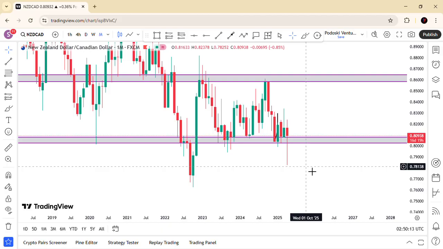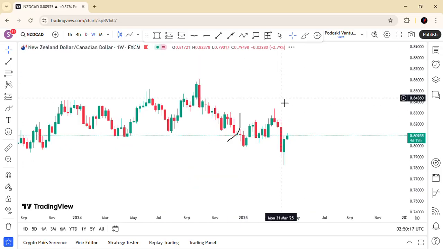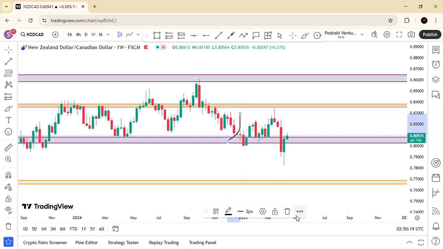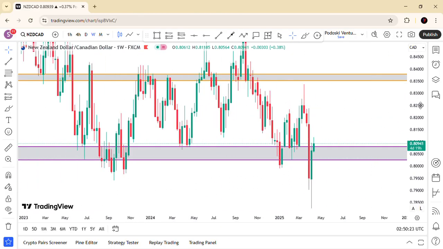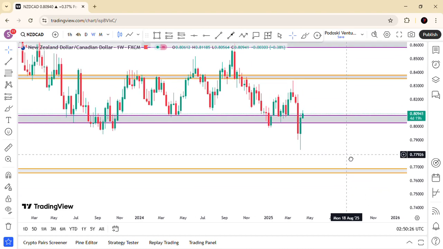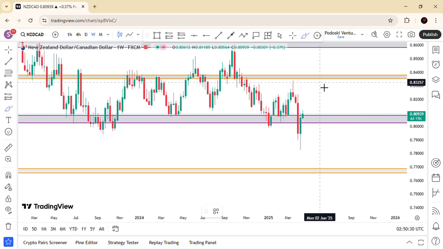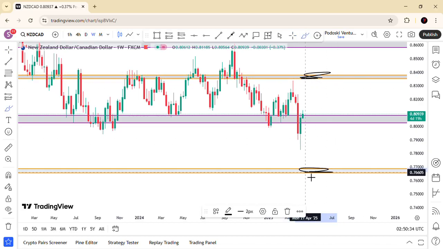So let's go to the lower time frames and see how we pick an entry on NZDCAD. But first, let's go to the weekly and see what we'll be anticipating. On NZDCAD, I have my weekly upper zone here and my weekly lower zone.